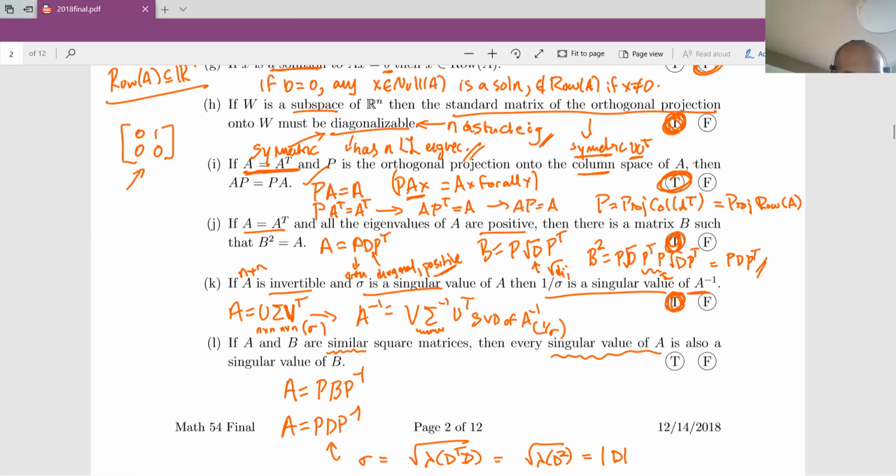So the question is asking, are singular values preserved under similarity? That's what it's asking, right? So do you think they are?